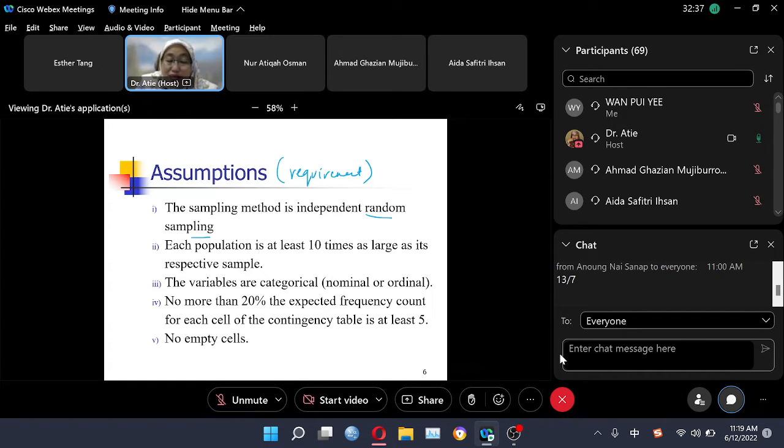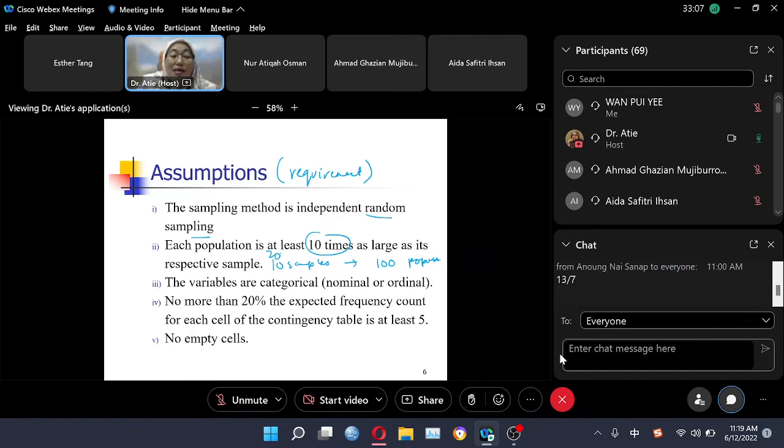Each population is at least 10 times as large as its respective sample. What does it mean? If you have 10 samples, it means that you must have 100 in your population. So if you have 20 samples, you must have 200 in the population, 10 times as large as its respective sample.